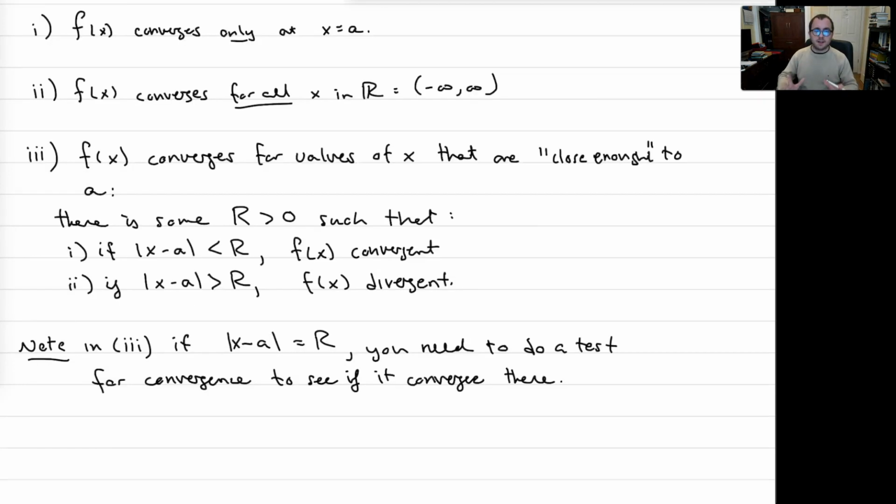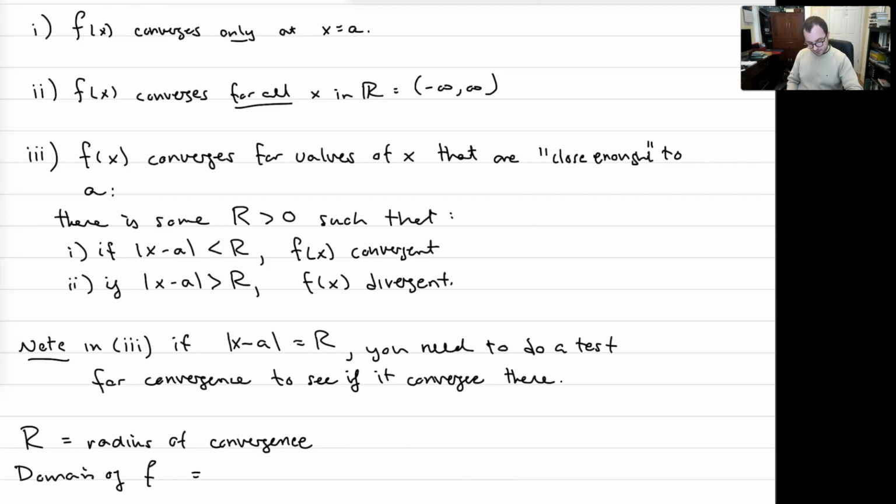The r in this definition is called the radius of convergence. And the domain of f, which is the set of all values x that make the series convergent, is called the interval of convergence. Also known as IOC.